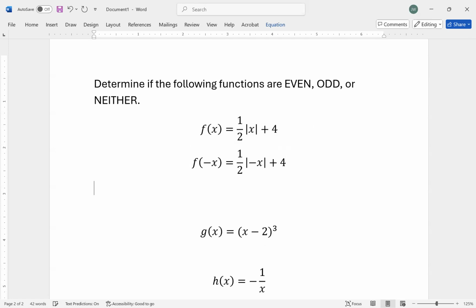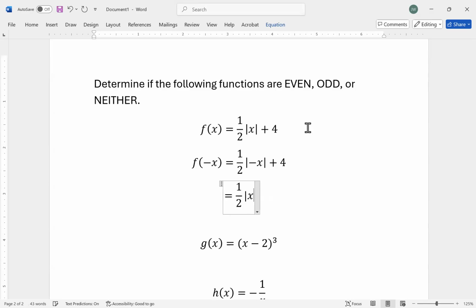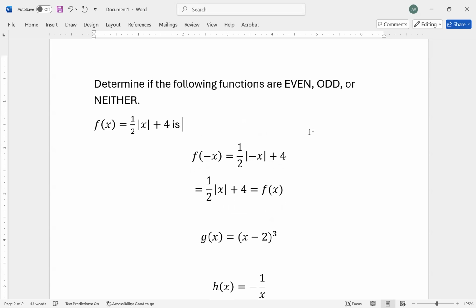We should all know that the absolute value of negative x is the same thing as the absolute value of x. So I get 1/2 times the absolute value of x plus 4, and that is my original function. Once again, when I plugged in a negative x, I got back the same output as my original function, and therefore my original function is even.